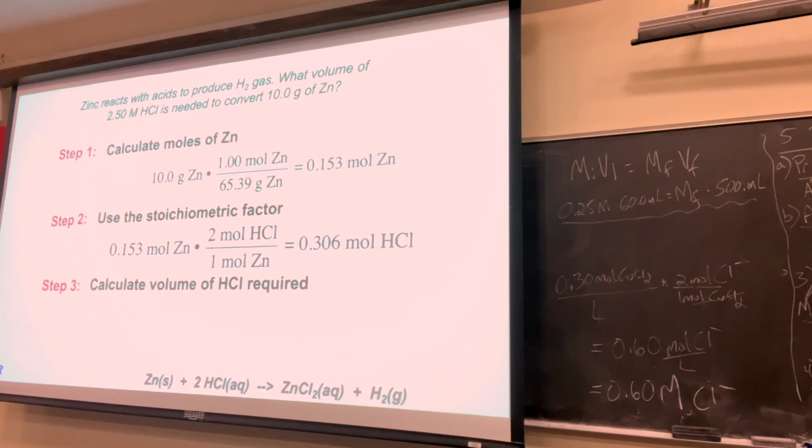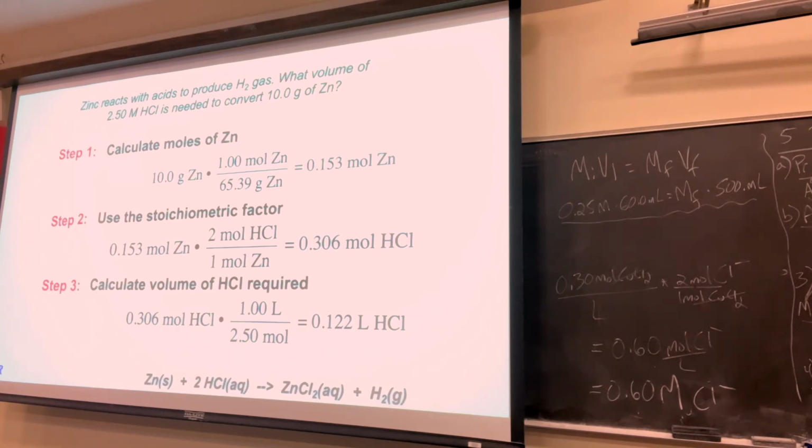So if you take the 0.306 and divide by 2.50 M, here I wrote it out as 2.50 moles HCl per liter of HCl, because I wanted you to see how the moles cancel out and you have just liters. So when you do all these steps, it comes out to be 0.122 liters or 122 milliliters of HCl.